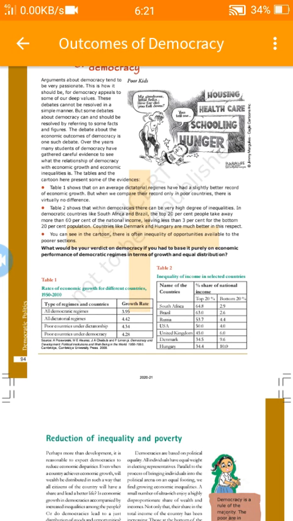But when we compare these records only for poor countries, there is virtually no difference at all.